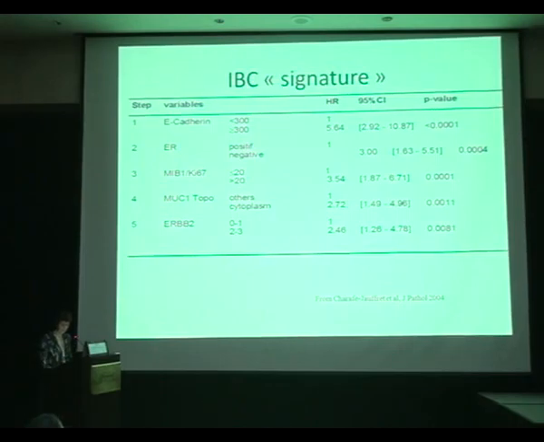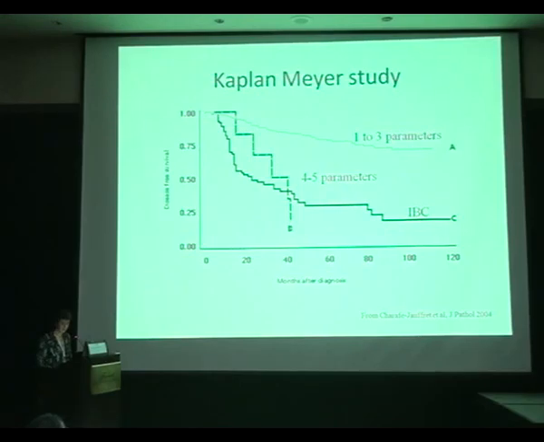In their series, when the tumor had all the parameters, the prognosis was not good, even in a non-inflammatory breast cancer. So it's a kind of inflammatory breast cancer signature that also applies to the other types. If they don't have all the parameters, the prognosis is good. If they have all the parameters, the prognosis is poor. Usually inflammatory breast cancer has between 4 and 5 parameters, and the prognosis is poor too.